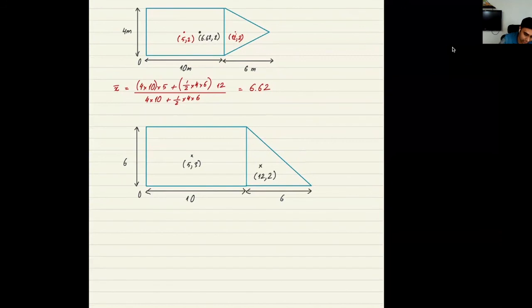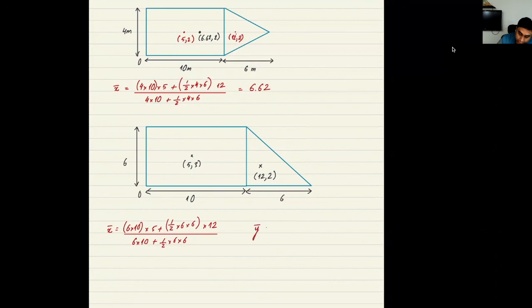So the x coordinate would be A1, which is 6 times 10, into x1, which is 5, plus A2, half times 6 times 6, into x2, which is 12, divided by the sum of areas, 6 times 10 plus half times 6 times 6.